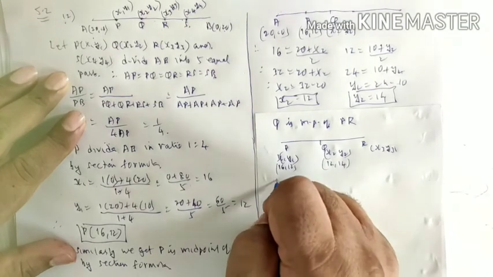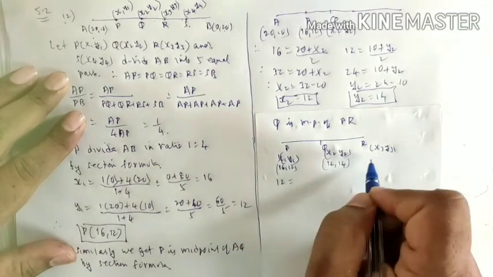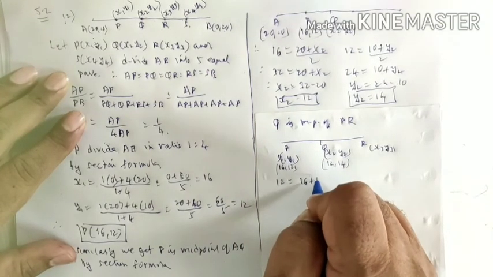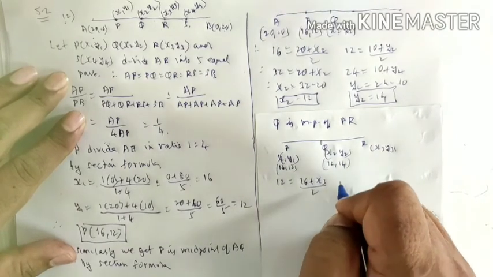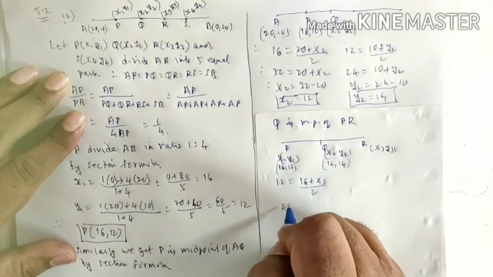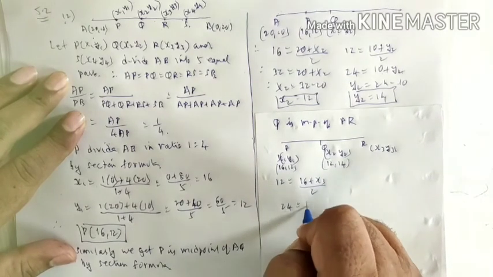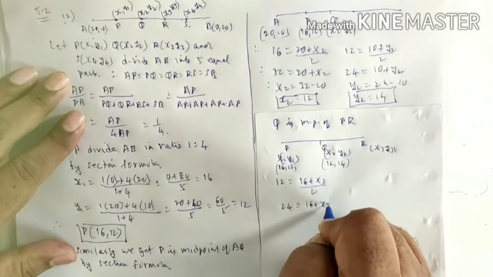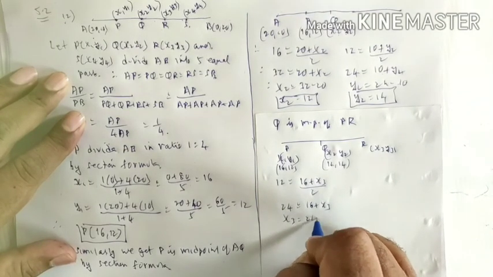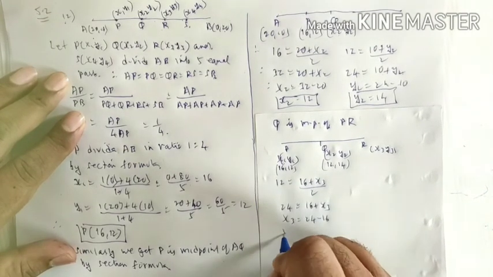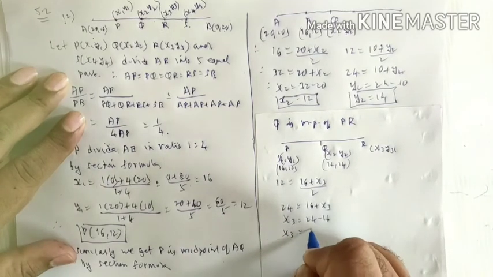So we get 12 is equal to 16 plus x3 upon 2. 12 into 2 is how much? 24 is equal to 16 plus x3, or we get x3 is equal to 24 minus 16, or we get x3 is equal to 8.